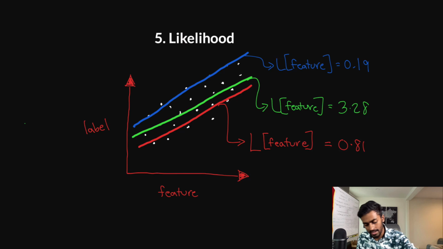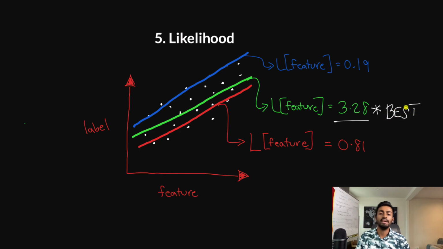And in this case, because this green model has the highest likelihood value, it is going to be the best fit to the data itself. And so whatever model we're trying to do, we would rather have this green model over, for example, the red model or the blue model. And that's kind of the overall concept of why likelihood is so important in machine learning.